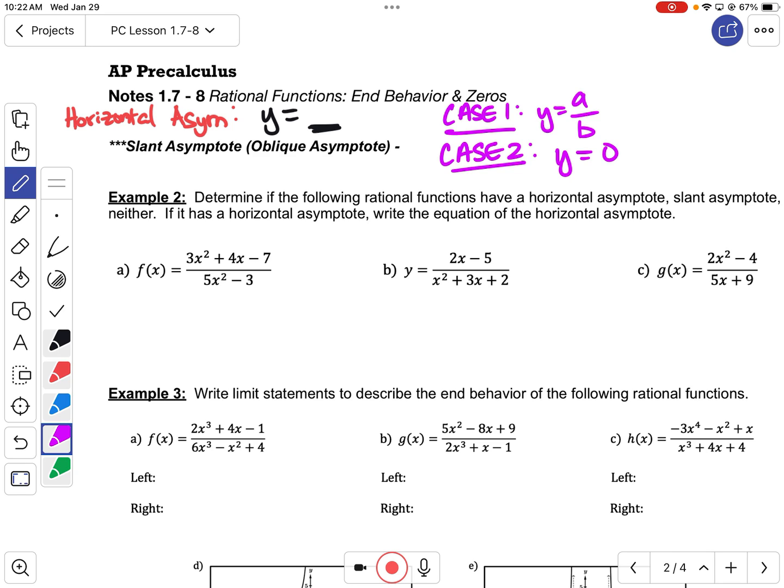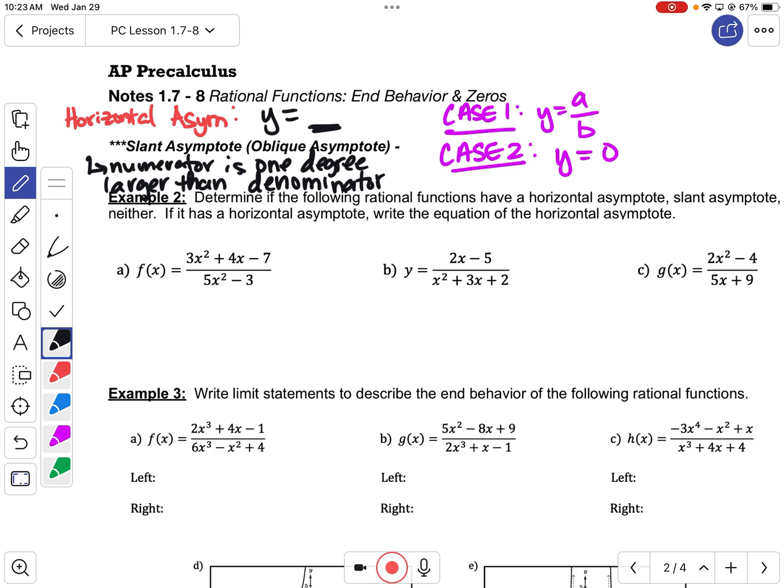A slant asymptote only happens when the numerator is exactly 1 degree larger than the denominator. Okay, so it only happens when the numerator is 1 degree larger than the denominator, all right?